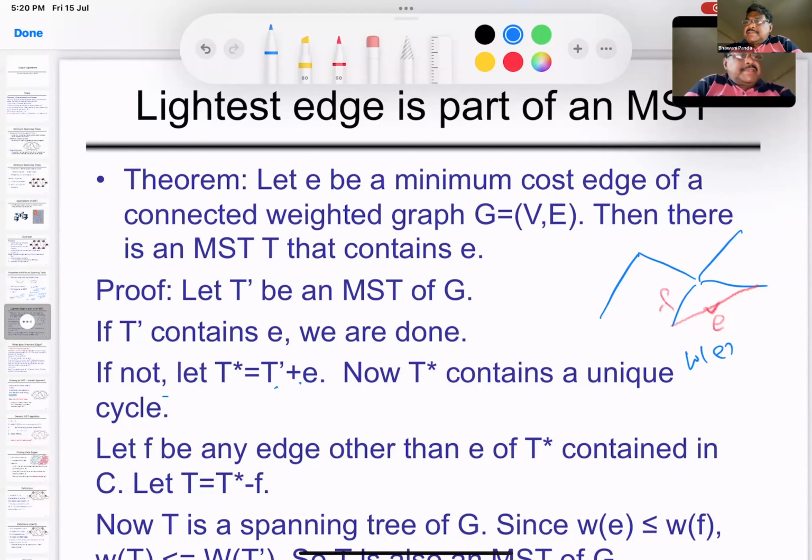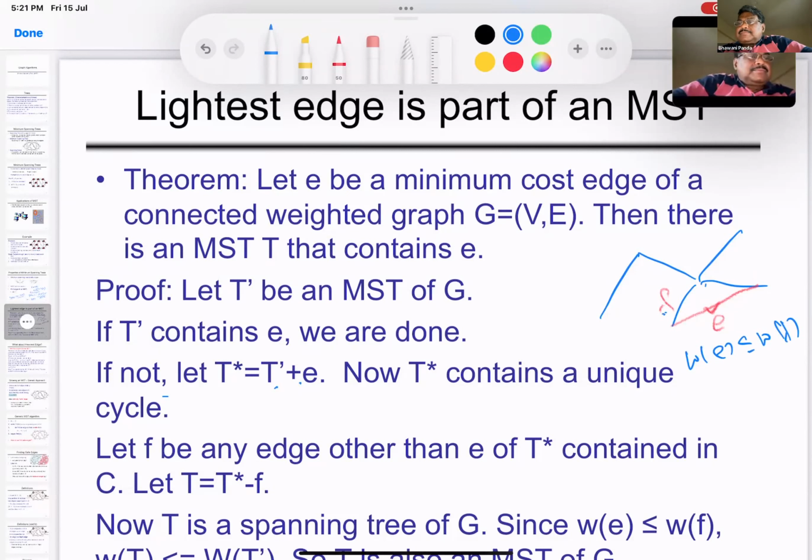Weight of E must be less than or equal to weight of F. F is another edge from the unique cycle which is formed after adding E. From this cycle, you have now selected one edge F.